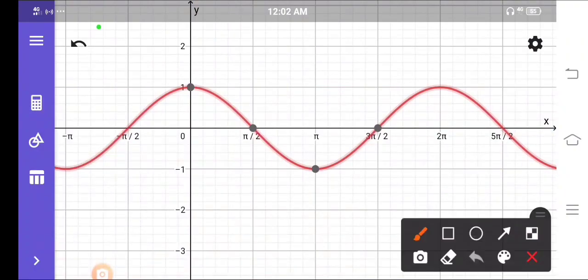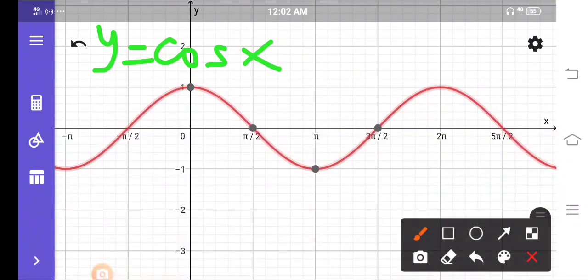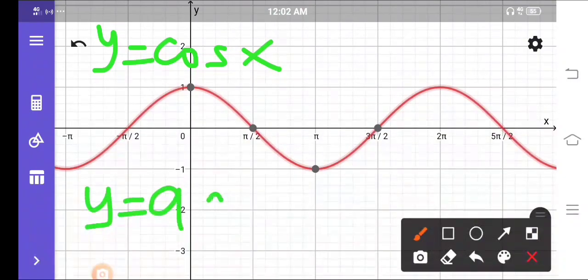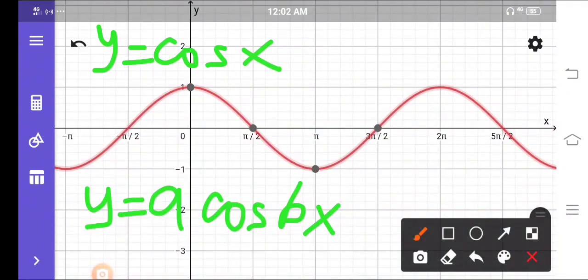So this is y equals cosine x. If we are to consider y is equal to a cosine bx, the amplitude is the absolute value of a.